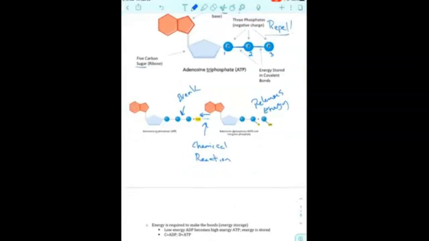And so when we go to the left, we make that bond and we store energy. Does that make sense? So whenever we break the bond between the phosphates, we release the energy. And whenever we make that high energy bond, we store energy.